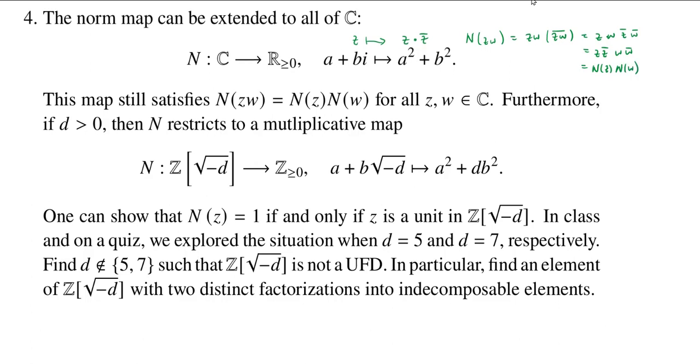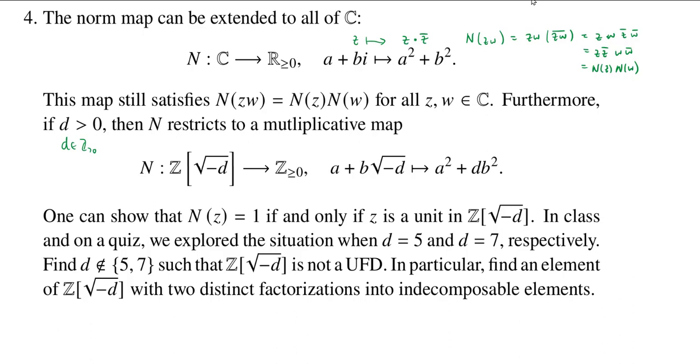Okay, so we have this norm map that's multiplicative, and then we say if d is some positive integer, then N is going to restrict to a multiplicative map.